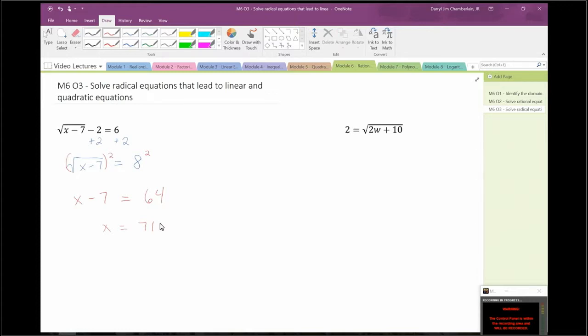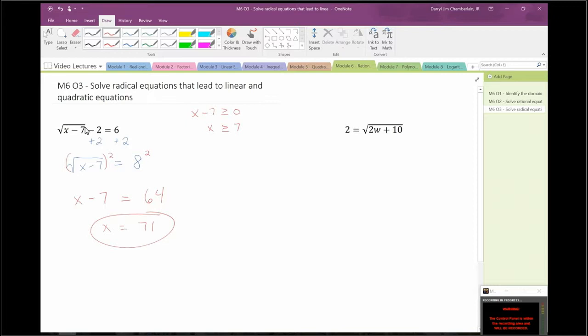So in the last videos, we were saying, okay, let's go ahead and make sure that this number is in our domain. And so is that x greater than or equal to 7? Absolutely. So this is a solution. Normally, it may be a little tough to solve for when the radical is greater than or equal to 0.